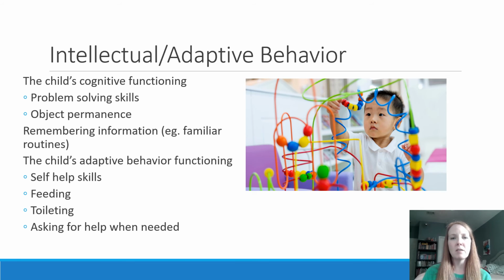And then adaptive behavior refers to those daily living types of skills and social skills. So you'll want to discover information about their communication, also how they engage in their self-care activities.